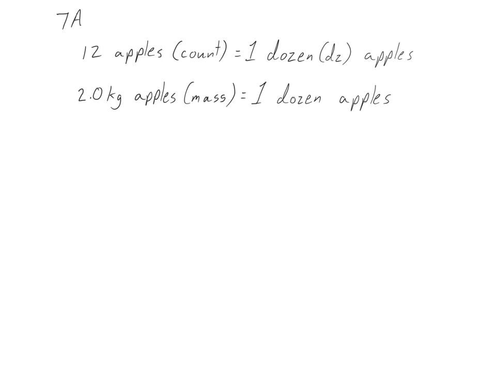The last way I could do it is by volume. So somebody could say, I want 0.2 bushels of apples. Bushels of apples is a way to tell you how many apples to get by volume.